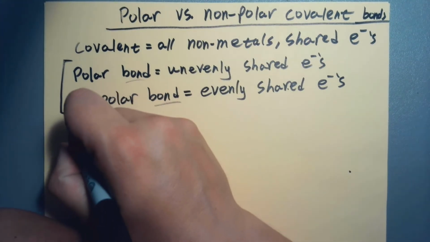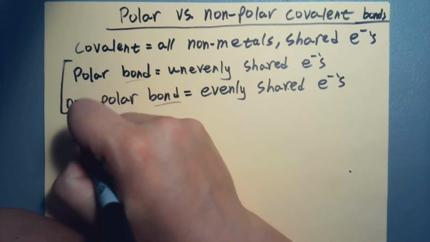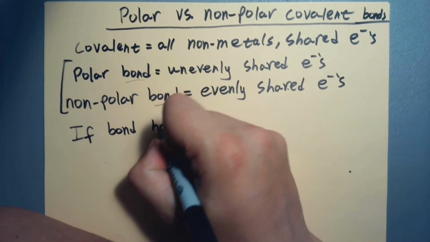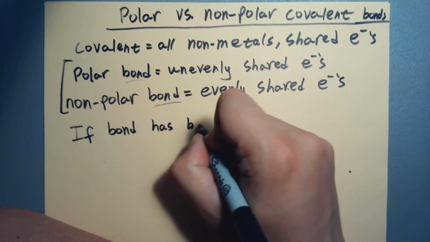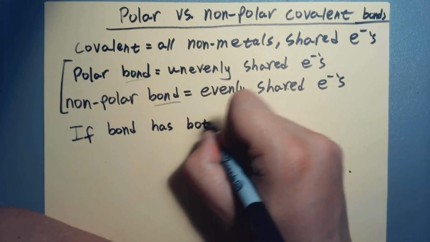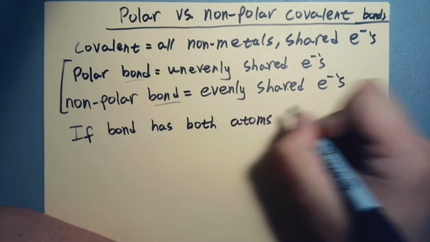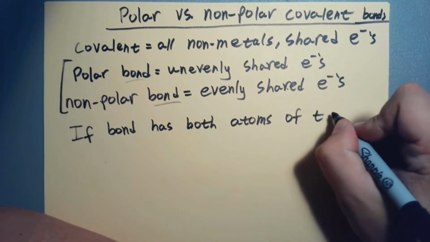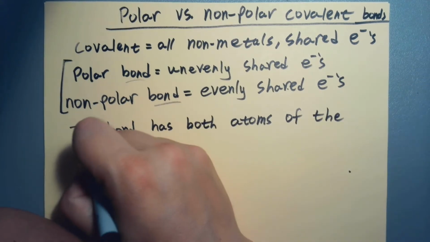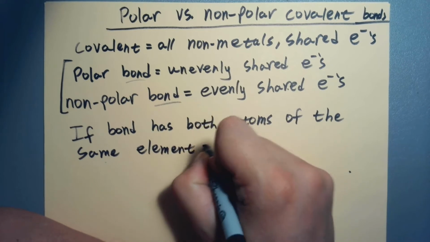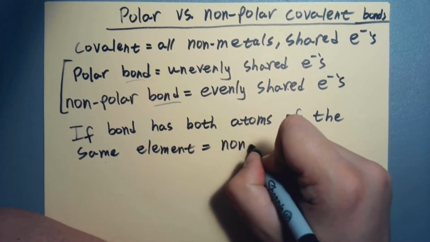So if the bond has both atoms, so there's always two atoms associated with a bond, and if they're both the same element, then it's going to be nonpolar.